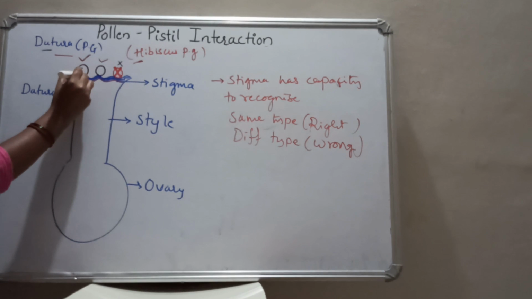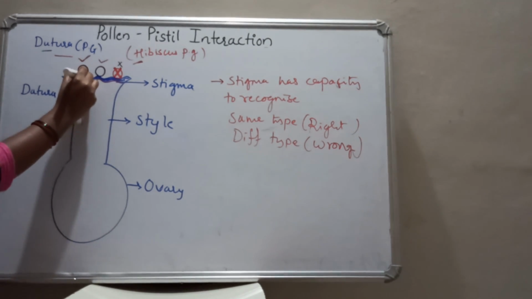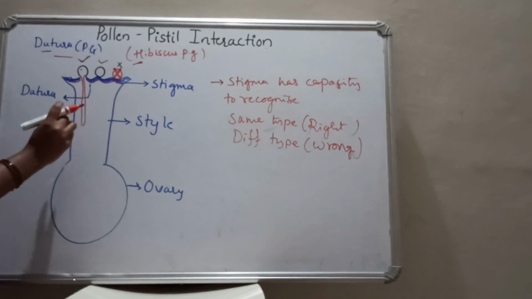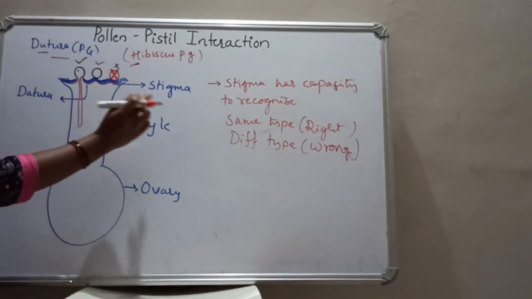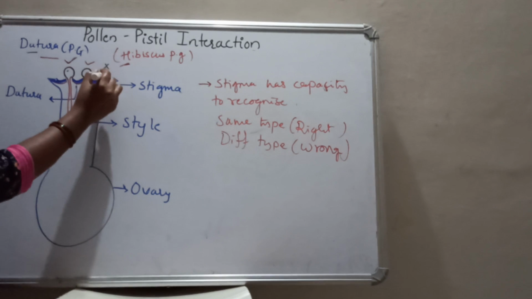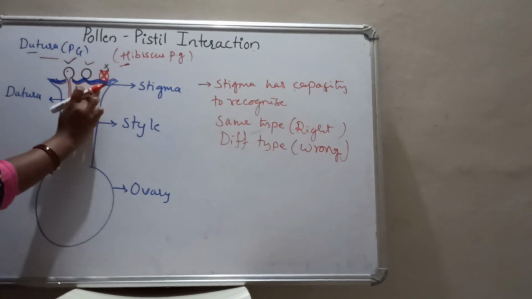It means the pollen grain produces the pollen tube through the style, and the different species pollen grain, the wrong type of pollen grain, is rejected.